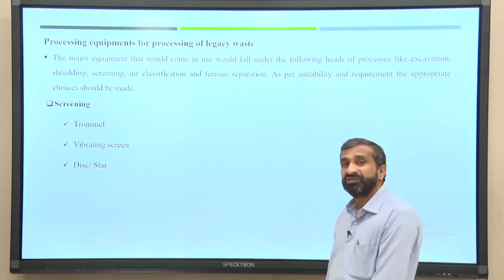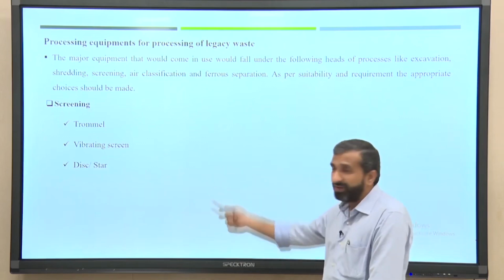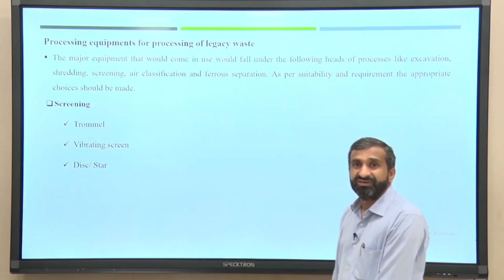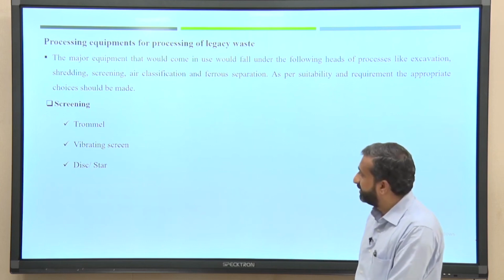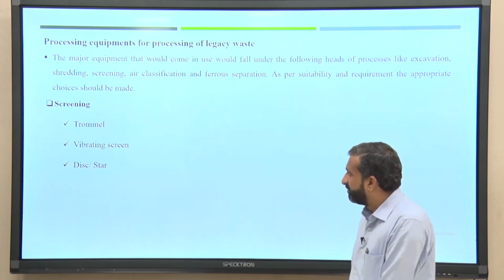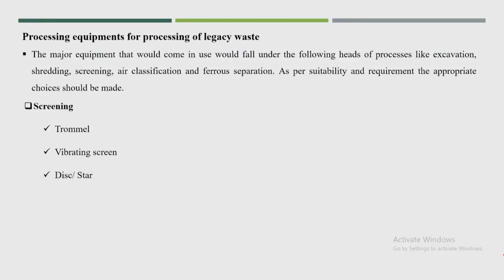A centralized composting facility already has a trommel facility for waste screening, or otherwise a vibrating screen or disc screen is also possible. We discussed screening in the recycling lectures too. Some handling equipment like a front end loader, conveyor facility or forklift will also be required.